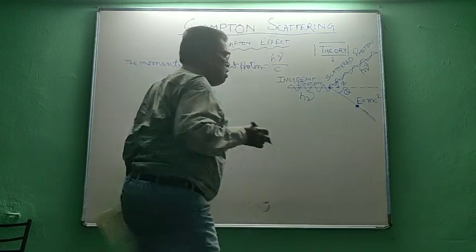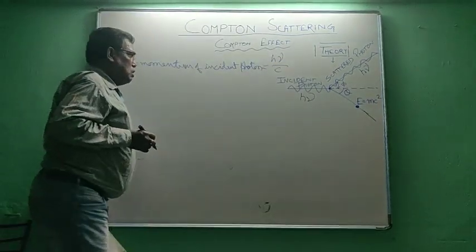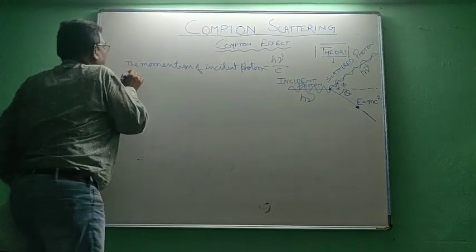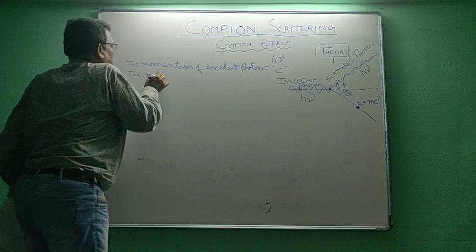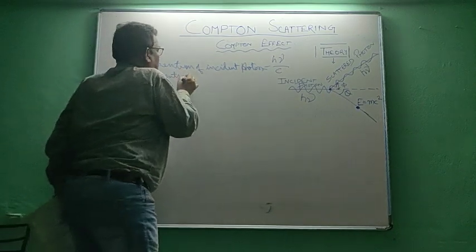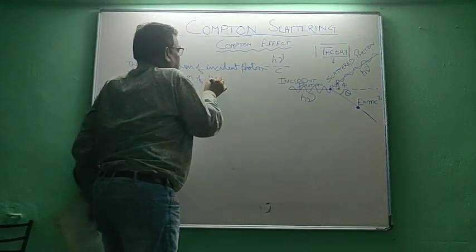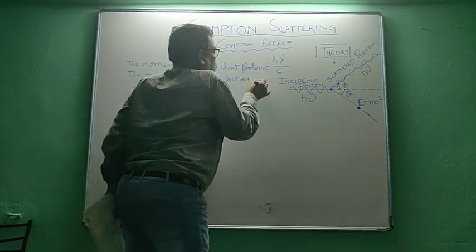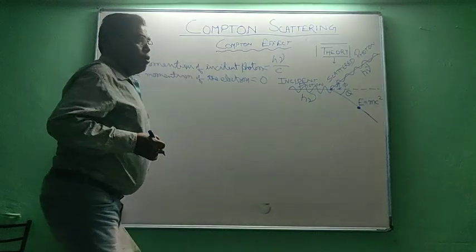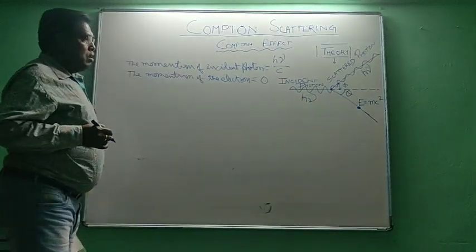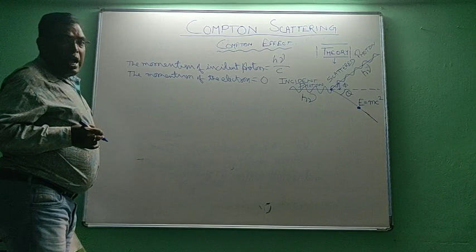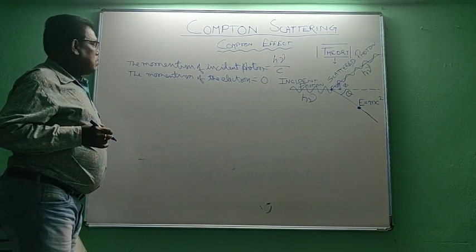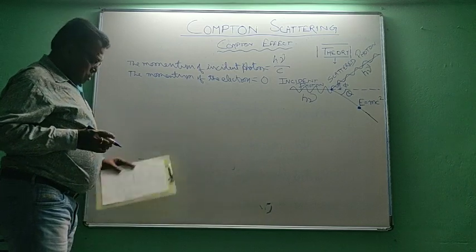This is the formula for the momentum of the incident photon. And the momentum of the electron, before collision, is equal to 0. Why? Because the electron is considered at rest before collision. So when it is at rest, its momentum is 0.